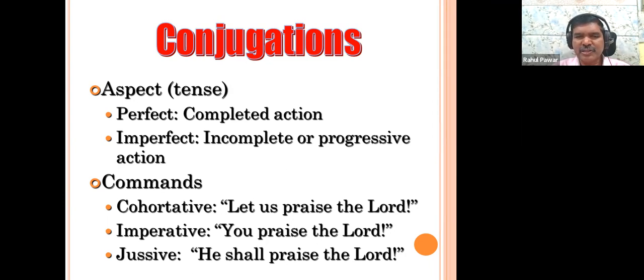Every time there is a perfect or completed action, they add a suffix to the verb. For example, shamar, shamarti. Shamarti means I kept. That ti is a suffix. So perfect is also called suffix conjugation.